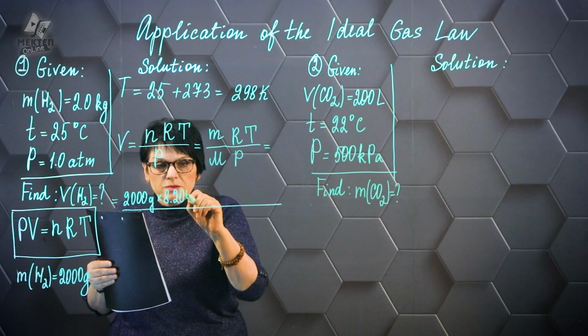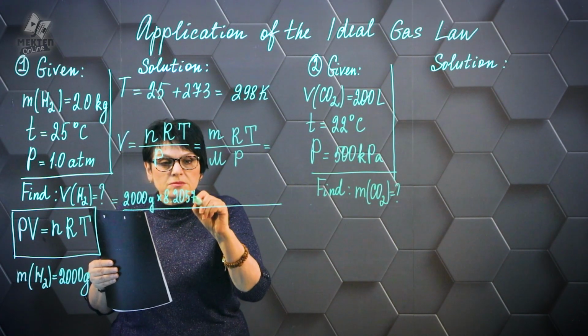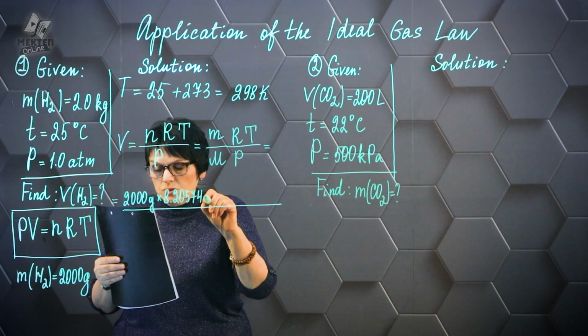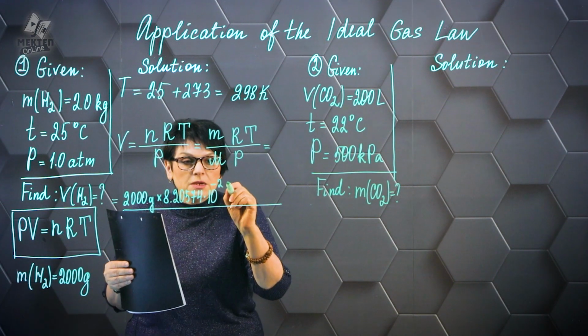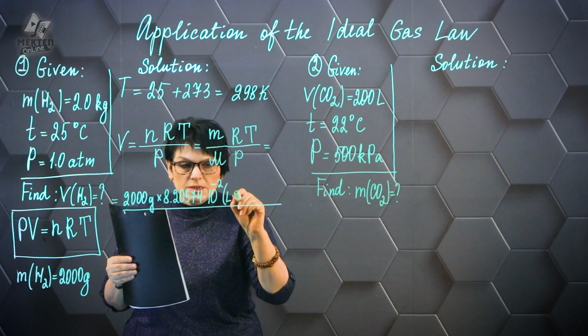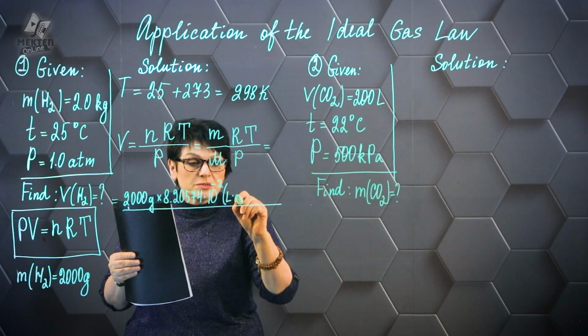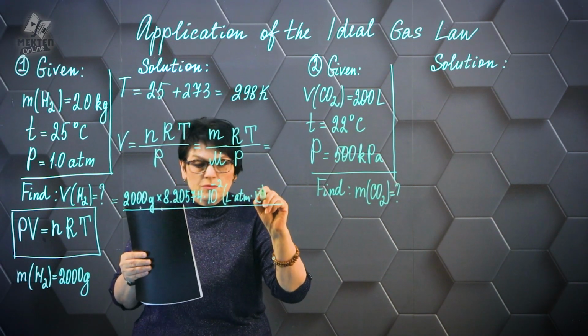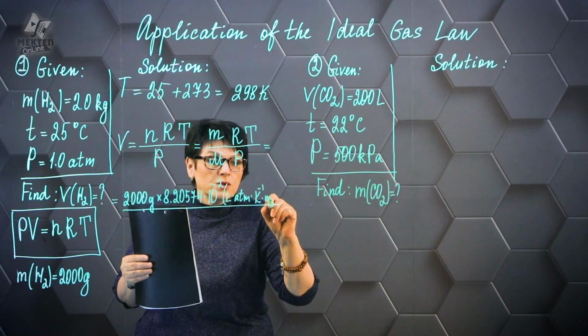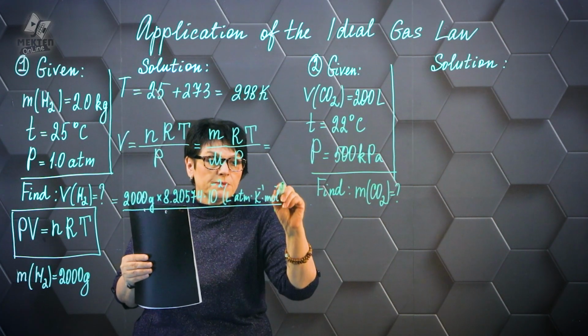That is 8.20574 times 10 to the minus 2, in units of liter-atmosphere per Kelvin per mole.